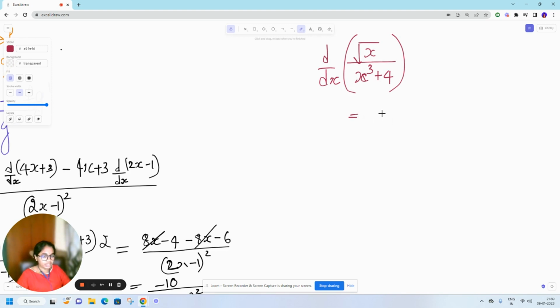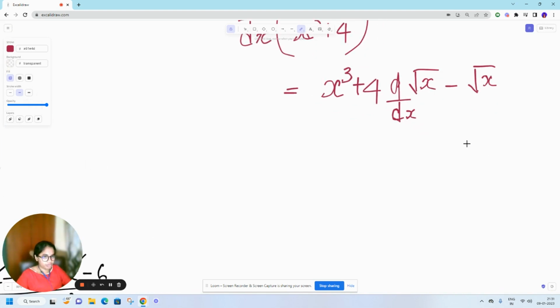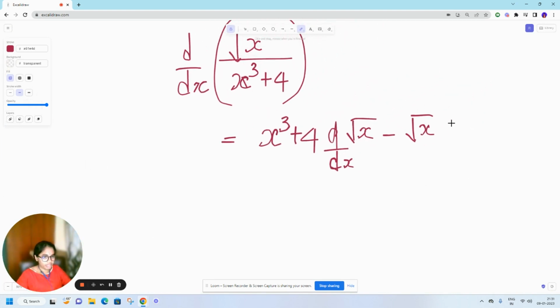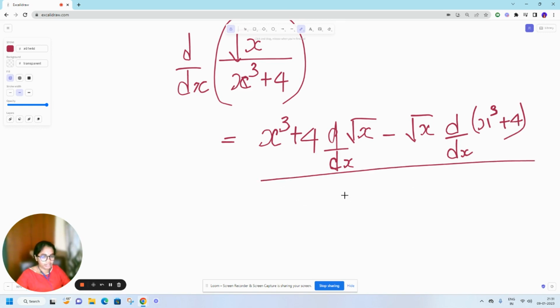It says write the denominator, that is x cube plus 4, differentiate the numerator, that is d by dx of square root of x, minus write the numerator as it is, differentiate the denominator, that is d by dx of x cube plus 4, divided by the denominator square, x cube plus 4 the whole square.